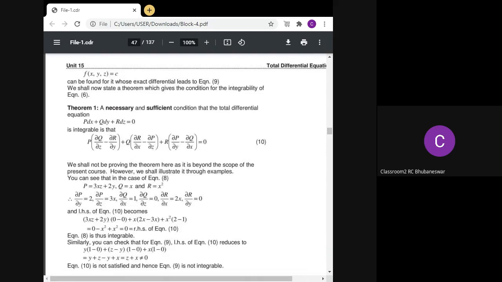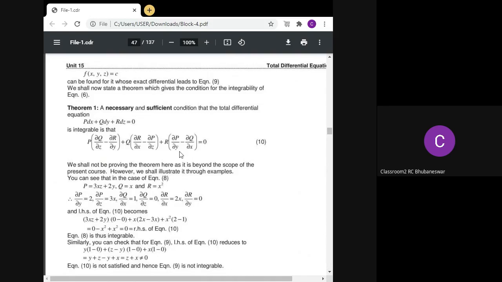Look at theorem number one. Here a necessary and sufficient condition is defined, under which we can solve a total differential equation using the integrability process. If the total differential equation is given in the form P dx plus Q dy plus R dz equals 0, then we can use the integrability approach if this condition is satisfied: P into (Qz minus Ry) plus Q into (Rx minus Pz) plus R into (Py minus Qx) equals 0.